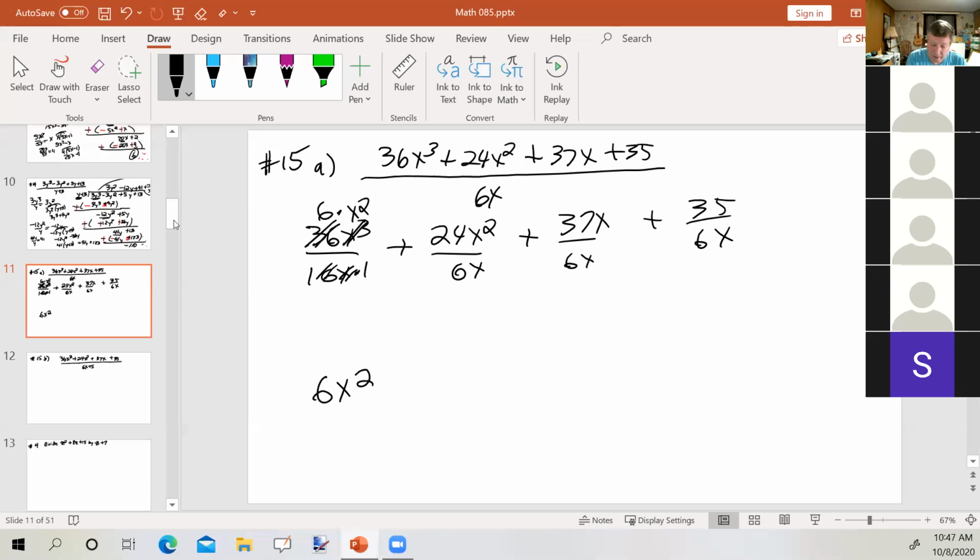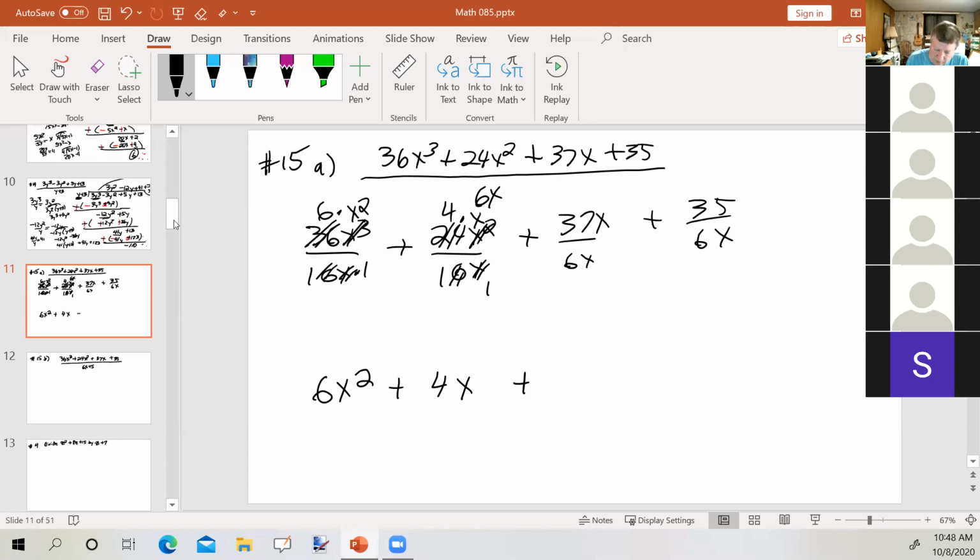Going on to the next term, it's going to be plus 24 divided by 6 is 4 over 1. X squared over x is x over 1. So I get plus 4x over 1, or just 4x.